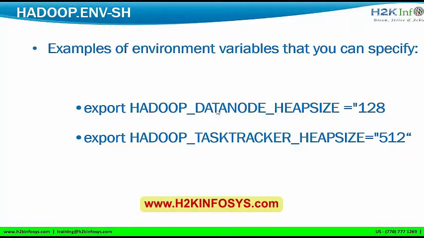So here I am giving export HADOOP_DATANODE_HEAPSIZE equal to 128. What I am telling is whatever temporary data is generated by my data nodes, they can use up to 128 MB. If I am talking about the task tracker, it can go up to 512. So this is how I can declare the heap size.